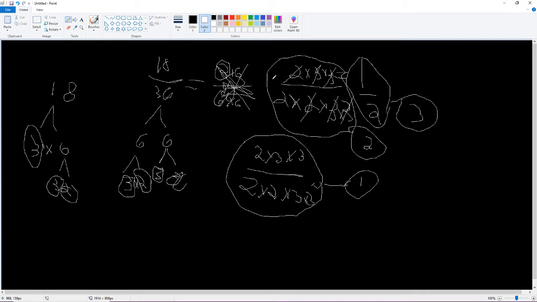So if there's nothing left on top, you would put a 1, and then whichever number's left on bottom, you would do that number. If there's only one number, you would do the only number left, which is this number right here, which is 2. But if there's 2 numbers left, like 3 and 6, you would multiply those 2 numbers.